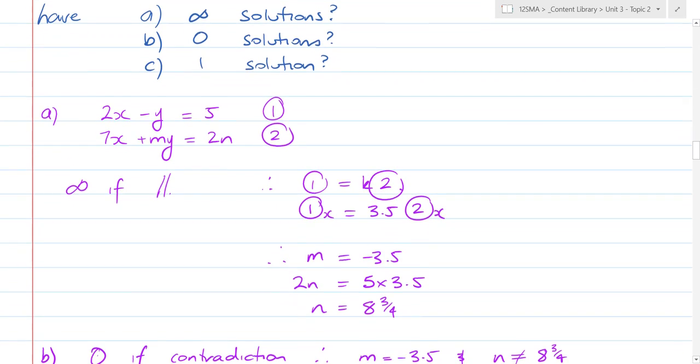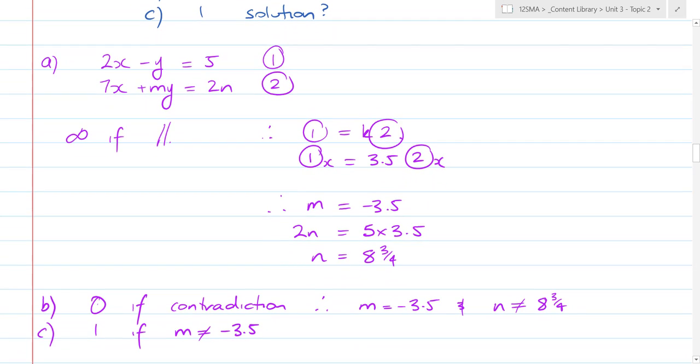So I've gone through my solution here, and said these 2 lines, to have an infinite number of solutions, they have to be the same lines. So I'm looking for them to be parallel, and I'm also looking for them to share a point, so that they are collinear, they're the same lines. Okay?